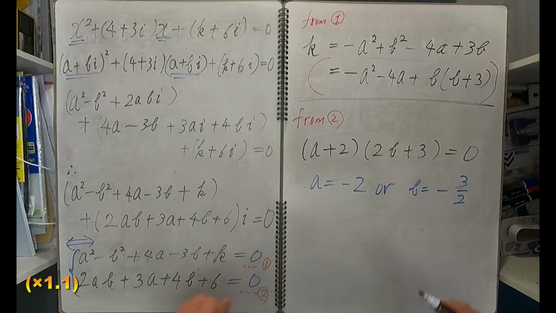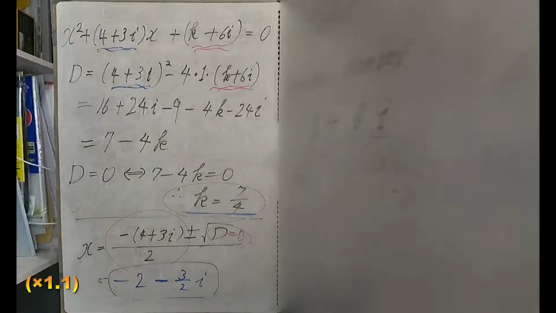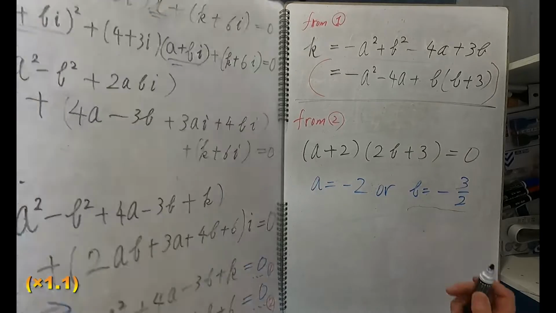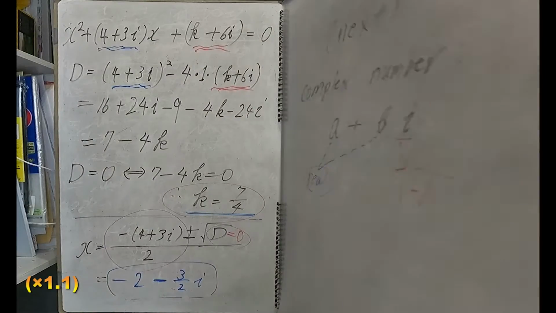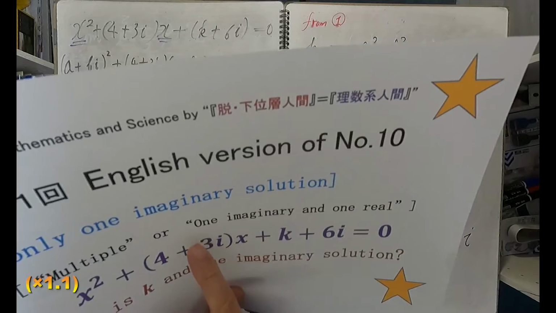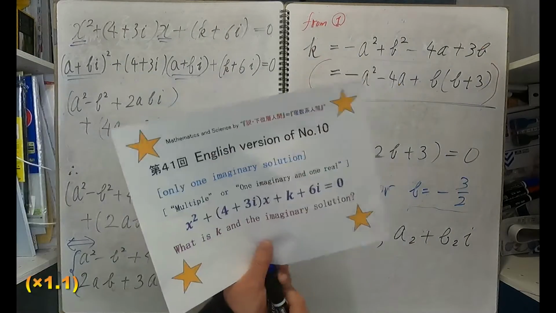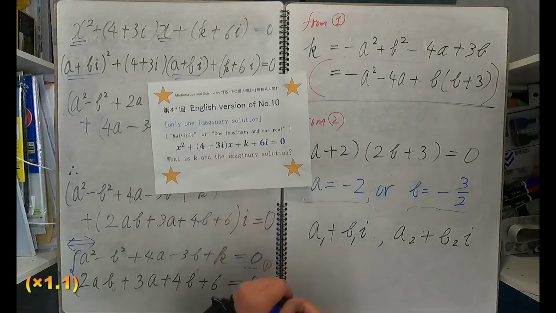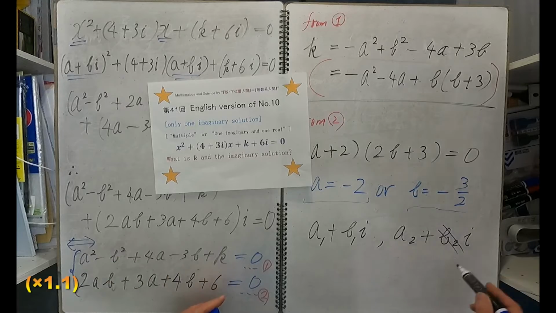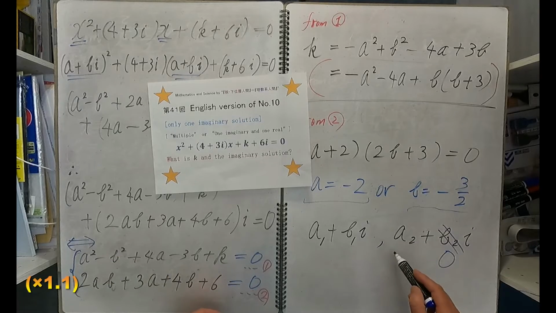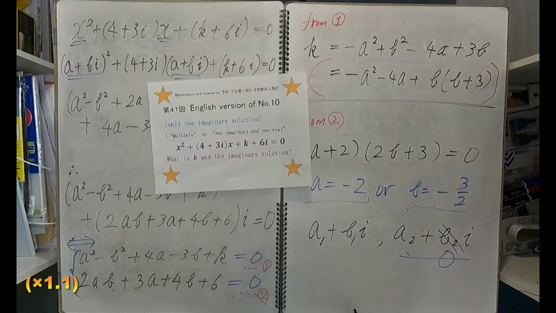But this is a case where the discriminant is 0, so we are now considering the one imaginary and one real case, okay? That means one is real, so a could be minus 2.